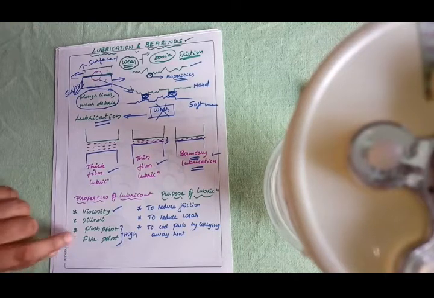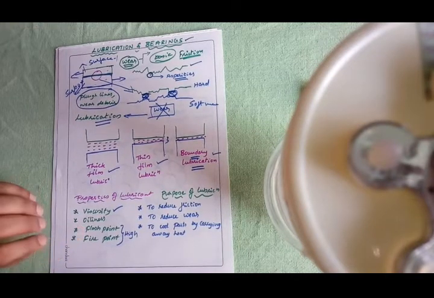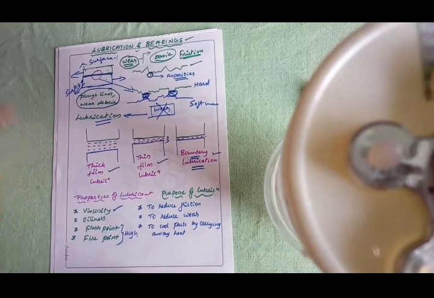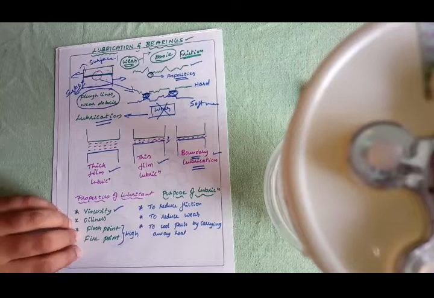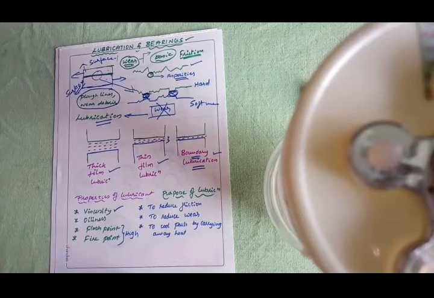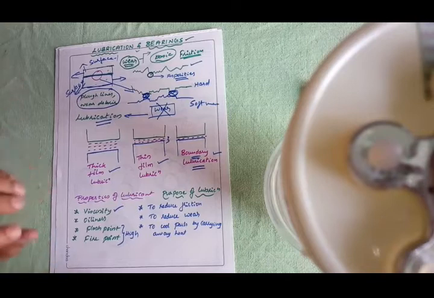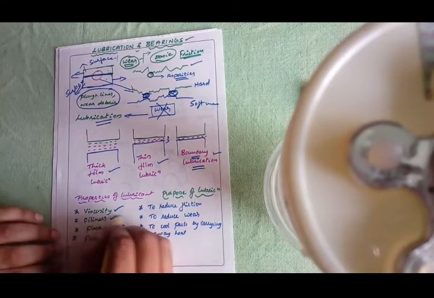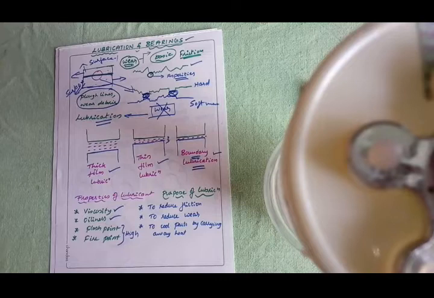At that point of time, if the oil has a low flash point and fire point, it is automatically going to catch fire, which is not going to serve my purpose. So we need to ensure that whatever lubricant you are using in order to reduce the wear, the flash point and fire point of that particular lubricant should be very, very high.